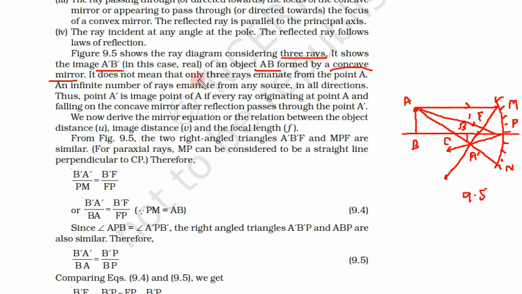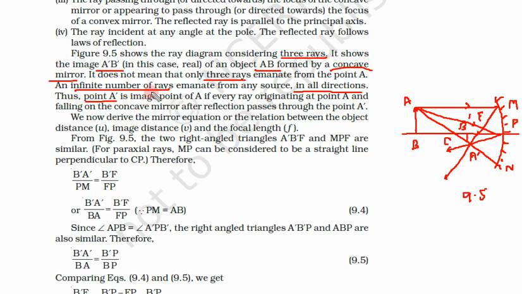It does not mean that only three rays emanate from this point A. As we have discussed, it is not that only three rays are emanating. There are an infinite number of rays emanating from this source in all directions, not even only in the direction of the mirror. But we have taken only three rays or two rays just to solve this problem because that is easier. If we take an infinite number of rays, we cannot solve this problem.